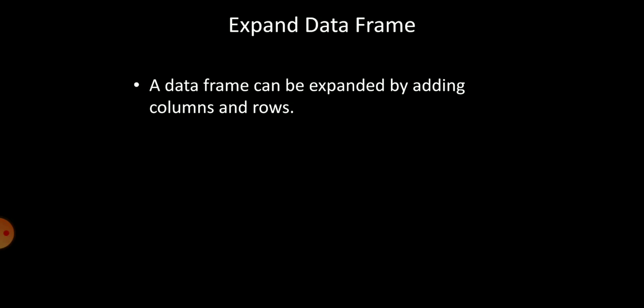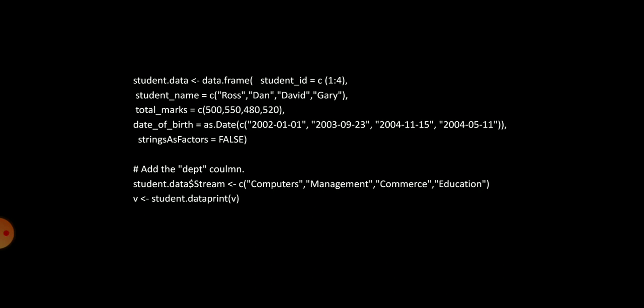We can also expand data frames. Expanding a data frame means you can extend it by adding any rows and any columns. Adding columns in a data frame is quite simple. You can simply add a column vector using a new column name, something like this.